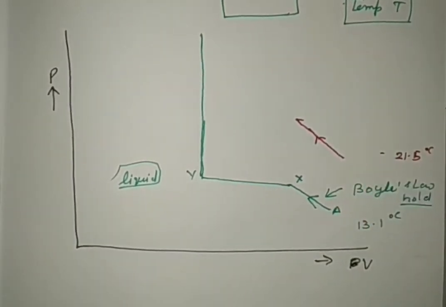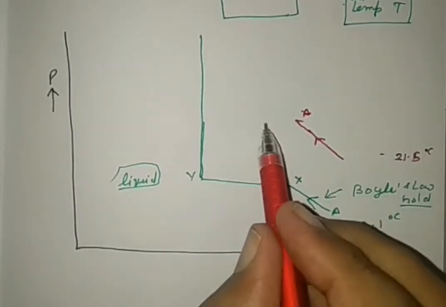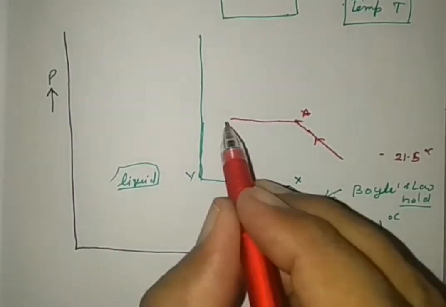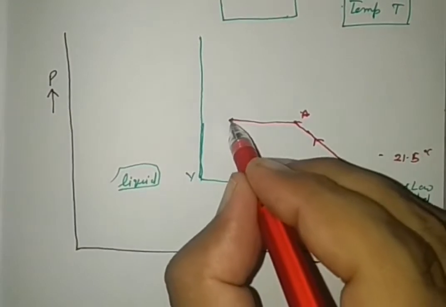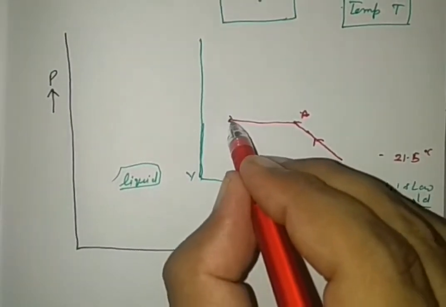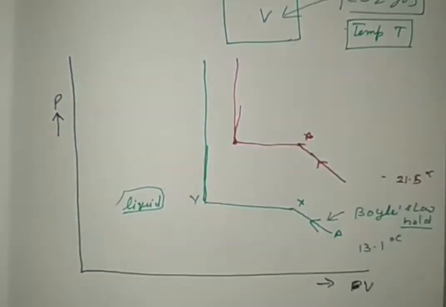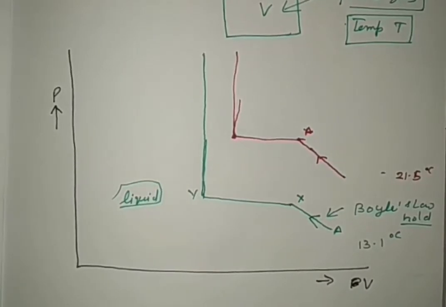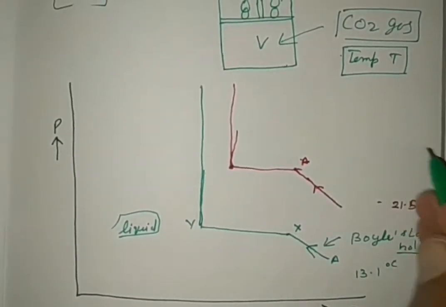When it reaches a certain point M, again it starts converting into liquid, and thereafter the complete gas is converted into liquid, and on further increasing the pressure, no change in the volume is obtained. See carefully, it is the nature of carbon dioxide which changes at different temperatures.